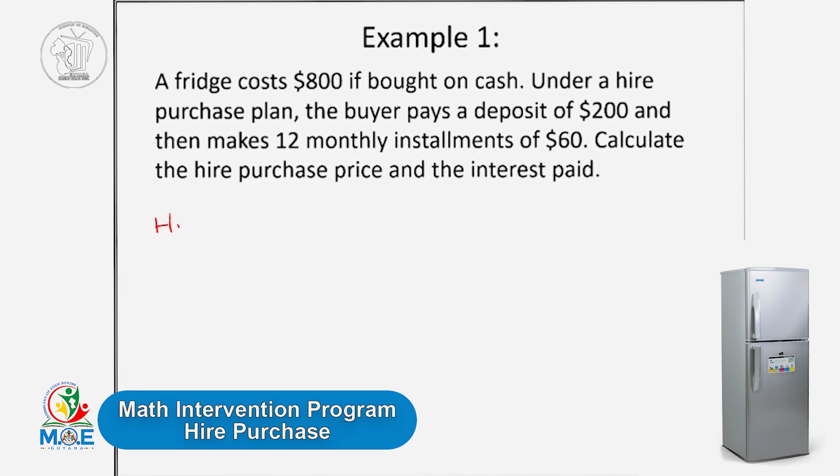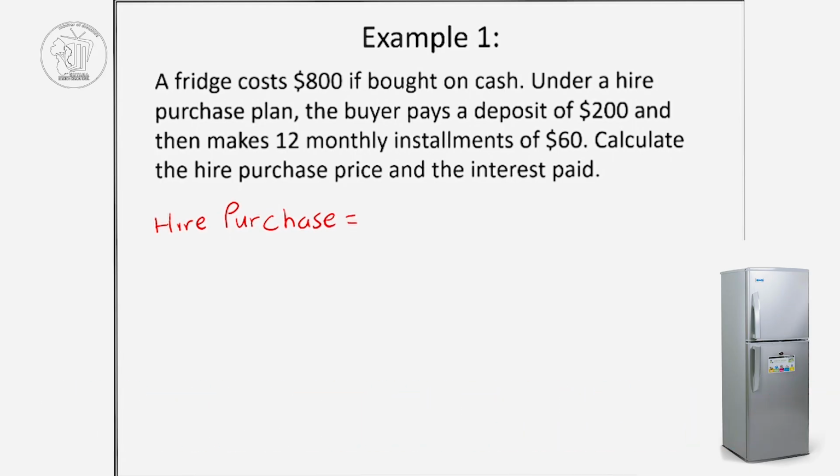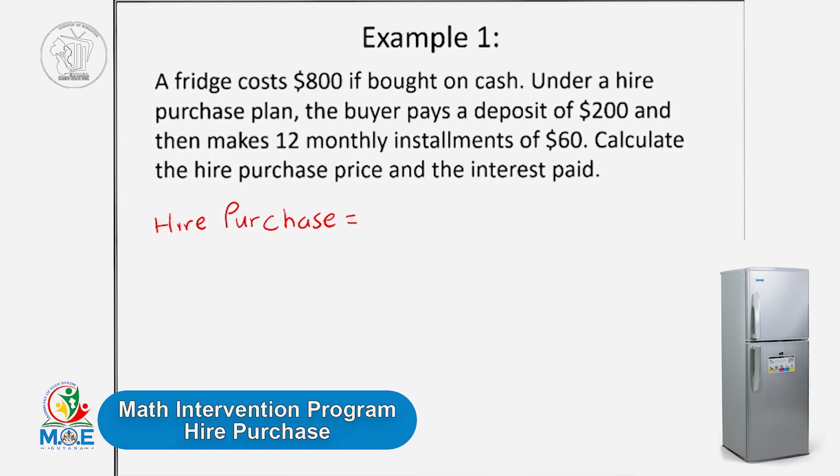So we see the hire purchase price would be, so we see the man paid a down payment, or a deposit, of $200. Sometimes the deposit is called the down payment. So it's $200 plus, we see he paid $60 for each month for 12 months.